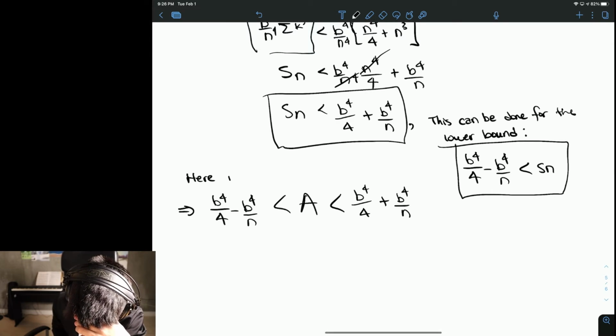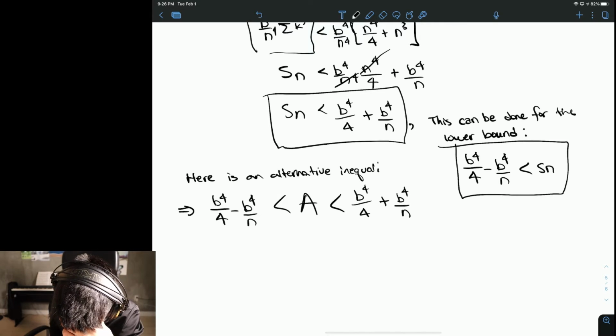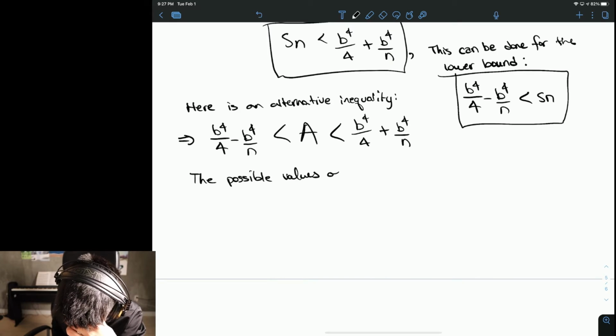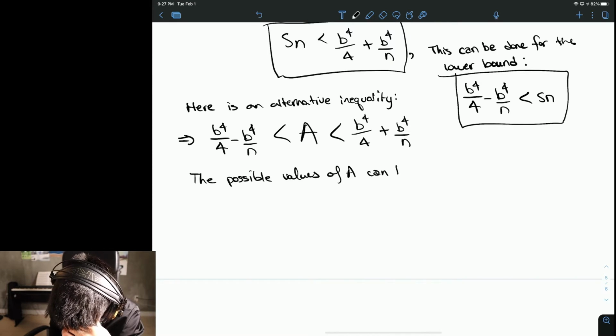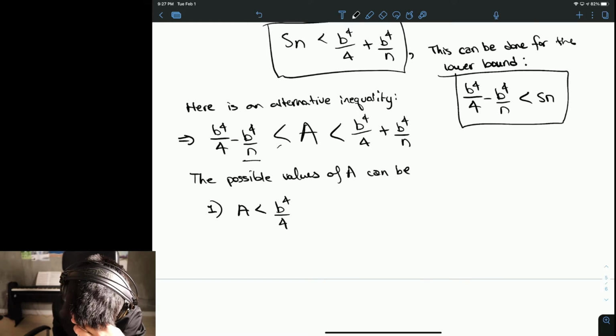Here is an alternative inequality that shows the possible values of A. Knowing this, or looking at this, the possible values of A can be: A is less than b4 over 4, somewhere between this negative term and b4 over 4.